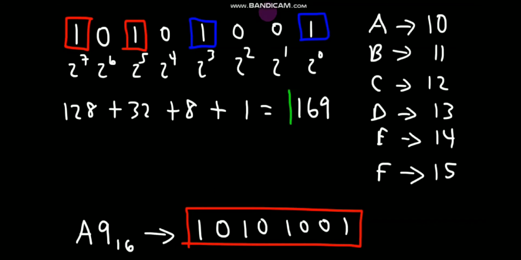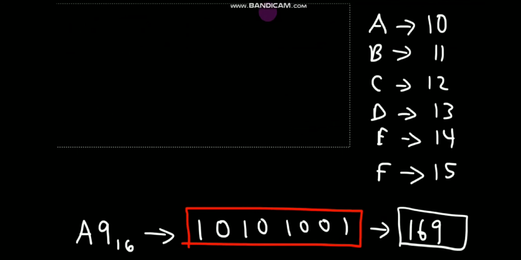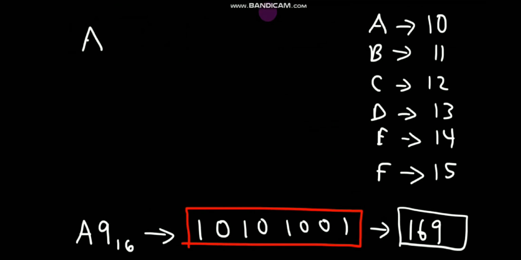So we have converted this binary into the decimal number system, and we are getting 169. Now we will convert this A9, which is hexadecimal, into decimal. Again we should get 169.